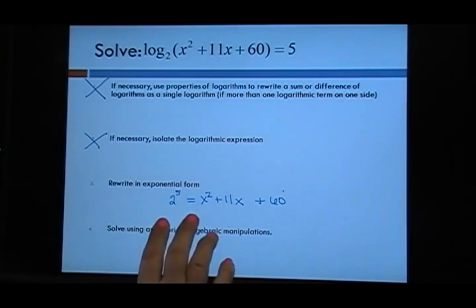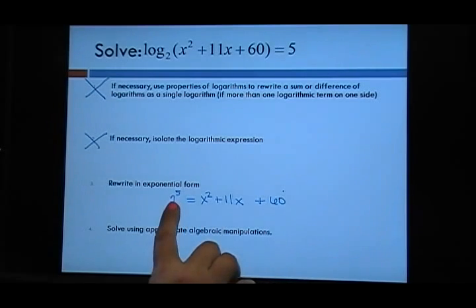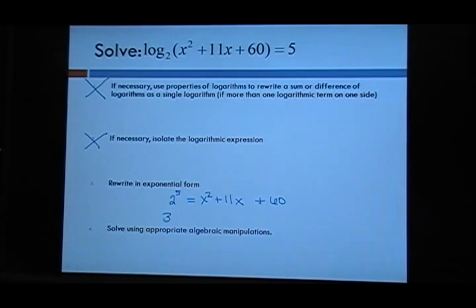And then I solve using whatever appropriate algebraic manipulations or processes based on the type of equation we have. So 2 to the 5th, that is 32. So we can write 32 equals x squared plus 11x plus 60.